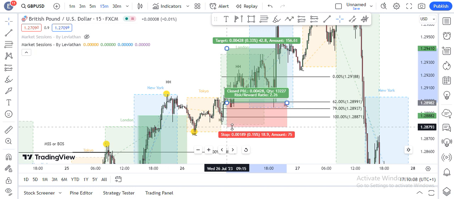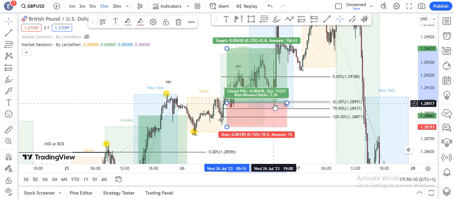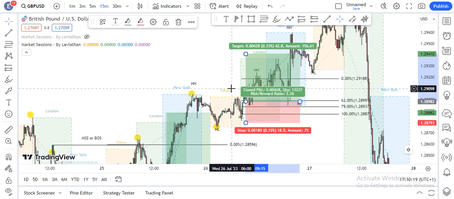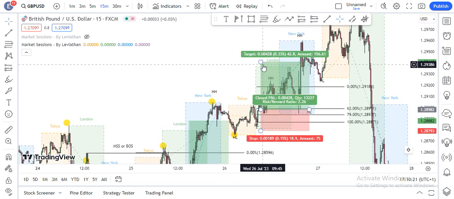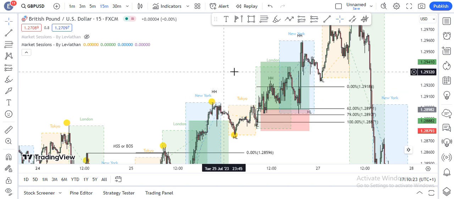Pretty wide. So it's going to be 97 to 78, like a 29 pip stop loss. And I'm teaching you guys to keep your stops under 30 pips, so this is okay.